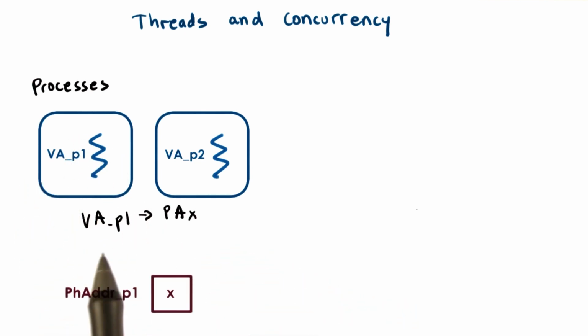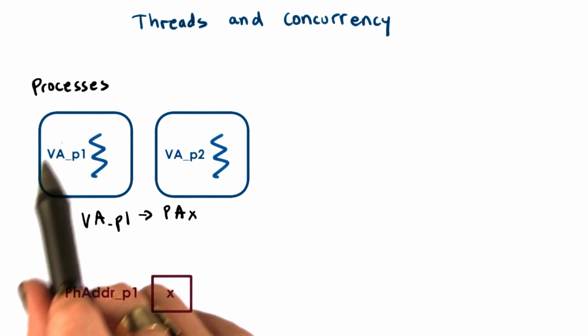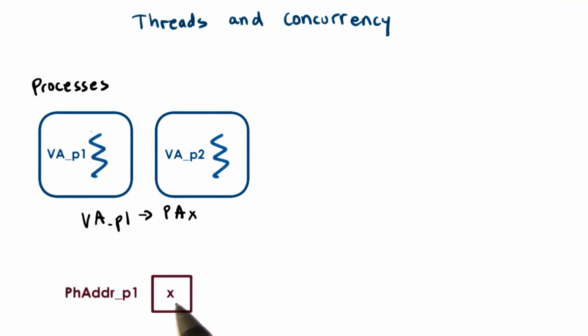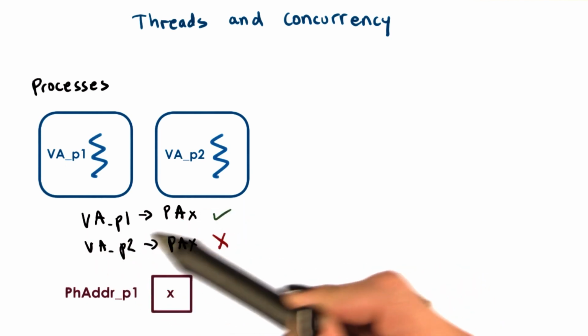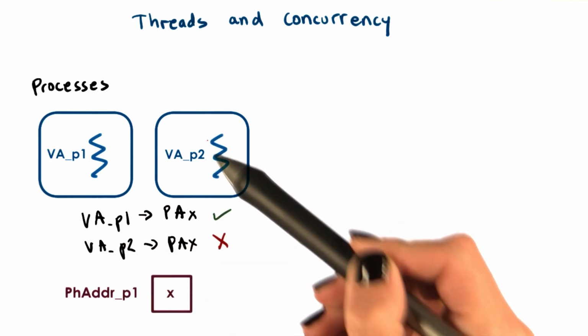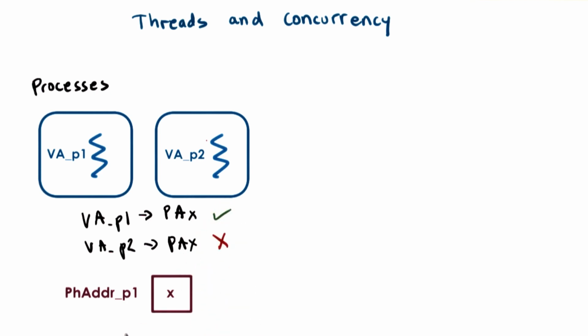In that case, the mapping between the virtual address for P1 in process 1 and the physical address of X will be valid. Since the operating system is the one that establishes these mappings, the operating system will not have a valid mapping for any address from the address space of P2 to X. So from the P2 address space, we simply will not be able to perform a valid access to this physical location.